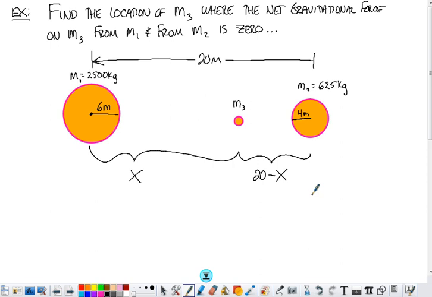If the net gravitational force on M3 is going to be 0, then the force of gravity between M1 and M3 is going to be equal to the force of gravity between M2 and M3.